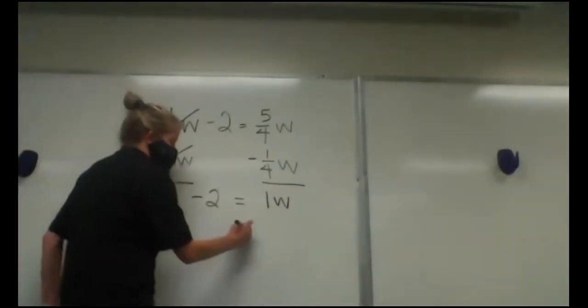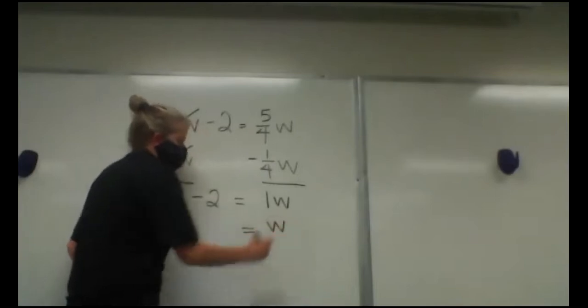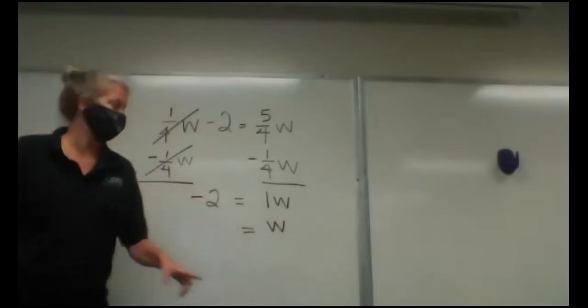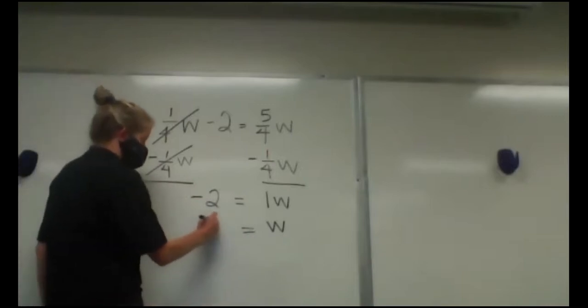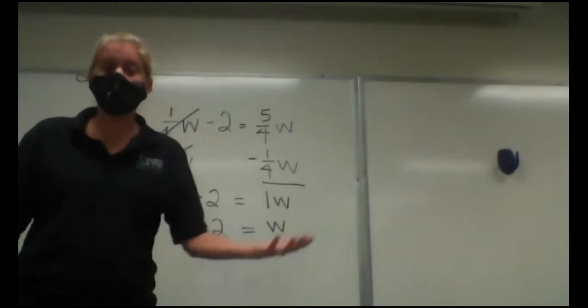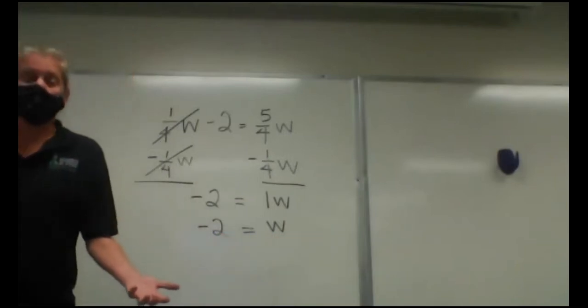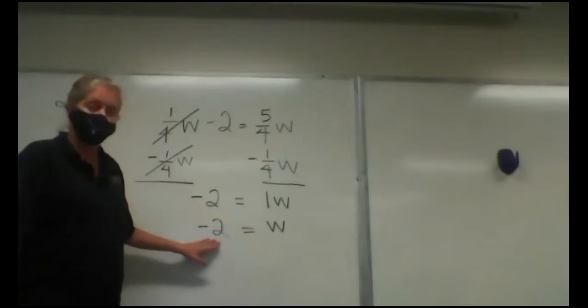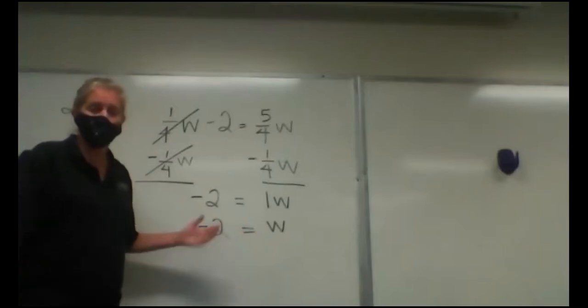If you just have 1 W, that's the same exact thing as saying W. 1 W is W. So I'm just left with W equals -2. So am I finished? Is W alone? Yeah, W is completely alone, which means -2 is your answer.